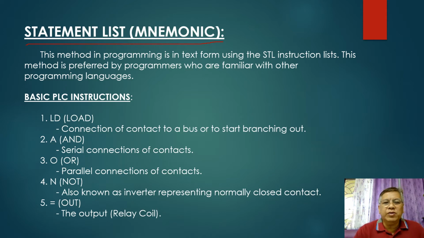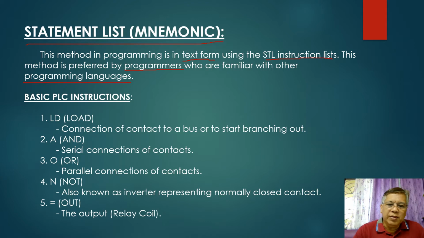This programming method is in text form using the statement list instruction set, and it is preferred by programmers who are familiar with programming languages. There are actually 7 basic PLC instructions in the statement list, but the first 5 are the following.